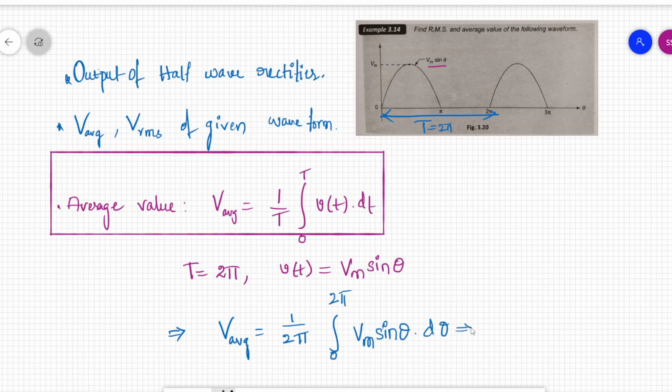So that will come up like 1 by 2 pi. I am applying the integral, so sin theta will become minus cos theta, from limits 0 to 2 pi. Okay, so let us solve this.